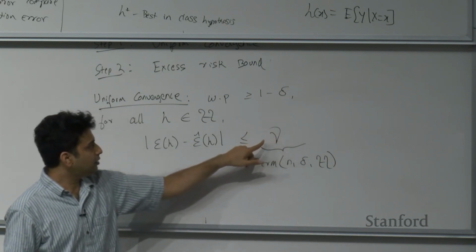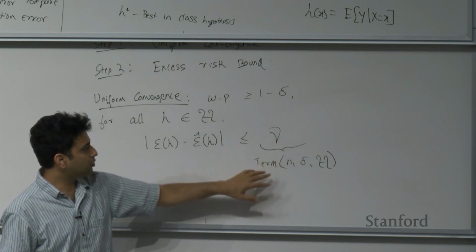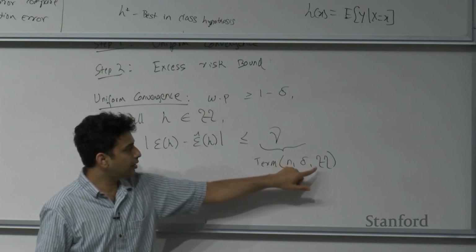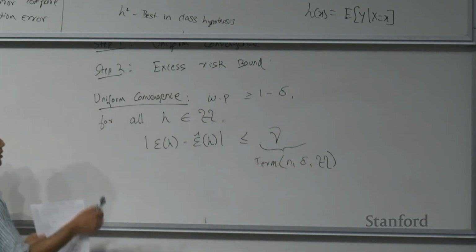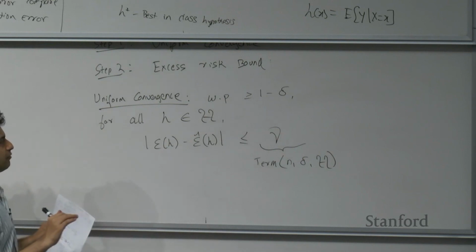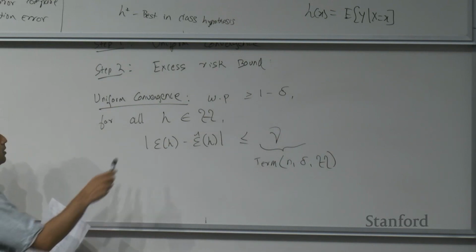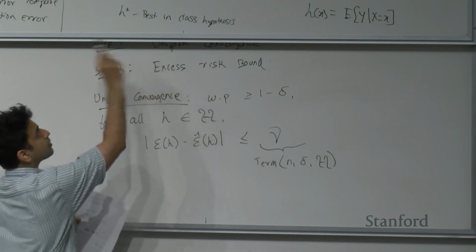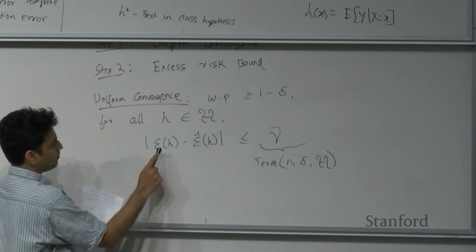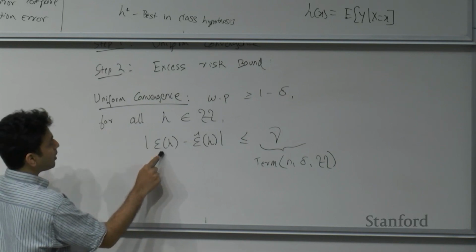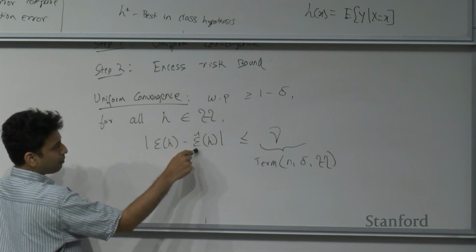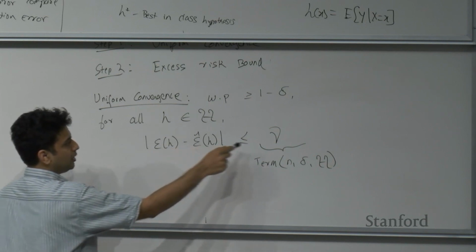But in general, the term is going to be a function of n, delta, and the hypotheses. The statement says, with probability 1 minus delta, think of it as with high probability, for all hypotheses on the x-axis, the gap between the test error or the generalization error, the gap between the true risk and the empirical risk for that hypothesis, is less than gamma.